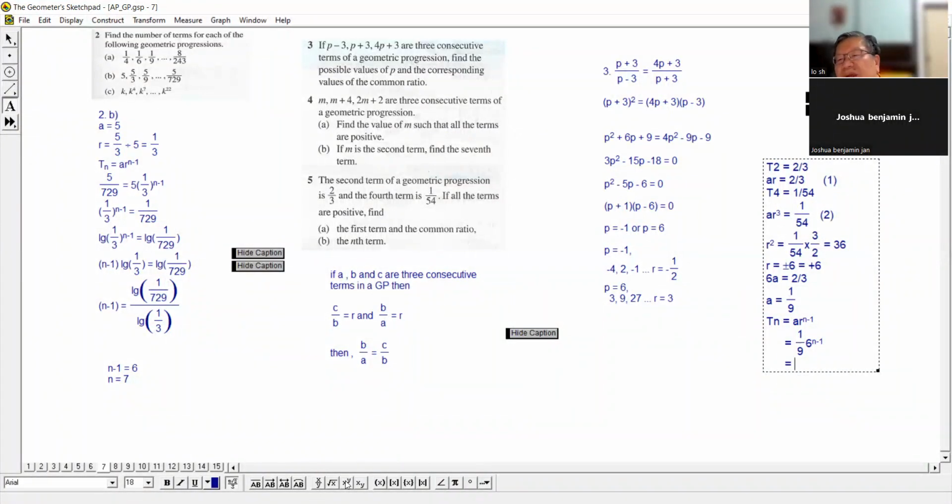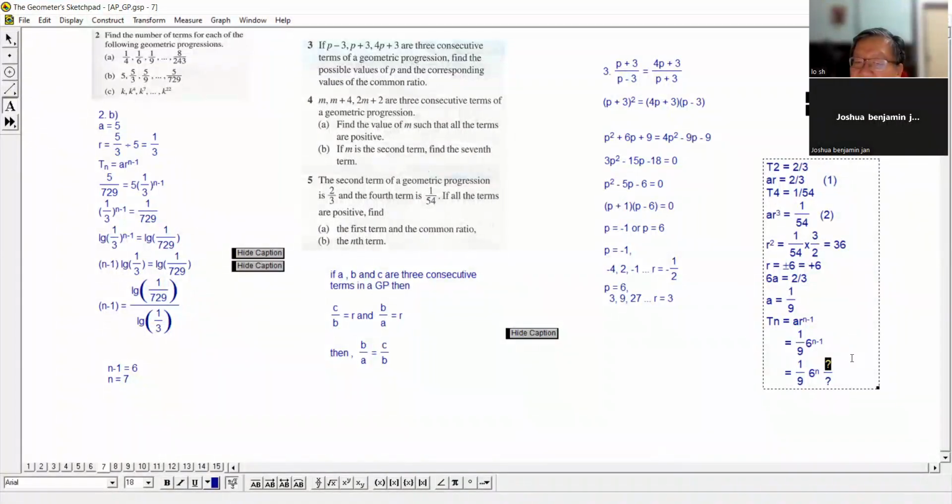Equals to this one. Actually, you can simplify some more. So it's actually 1 over 9 times 6 to the power of n. Now 6 to the power of negative 1 is actually 1 over 6.